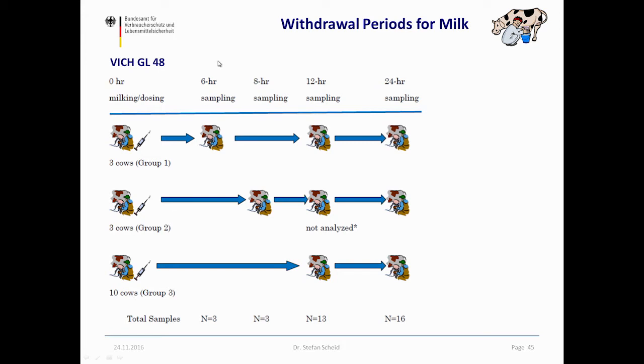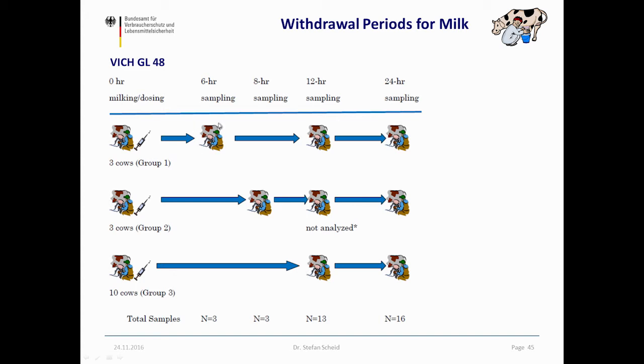You would treat them, and you would collect milk at 6 hours from 3 animals, at 8 hours, also 3 animals, and at 12 hours from 10 animals. And from the samples for 6 hours, 8 hours, and 12 hours, you would conclude if the withdrawal time is 0 or not.